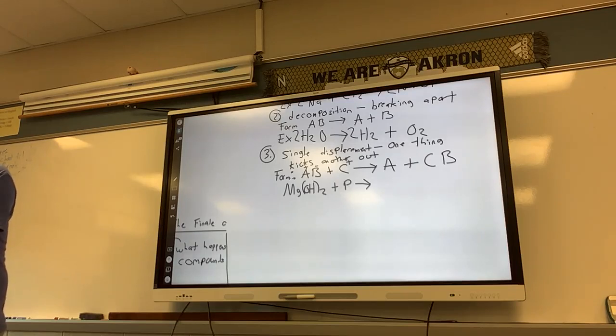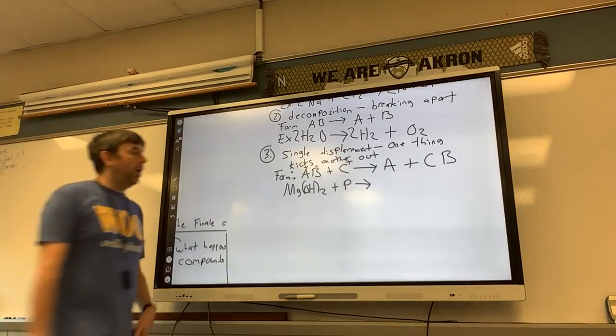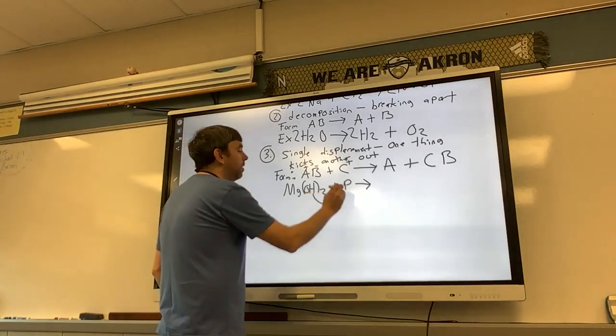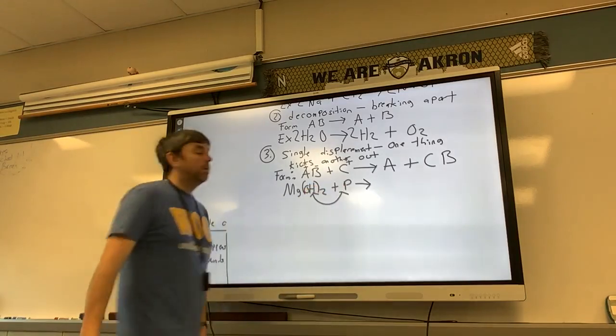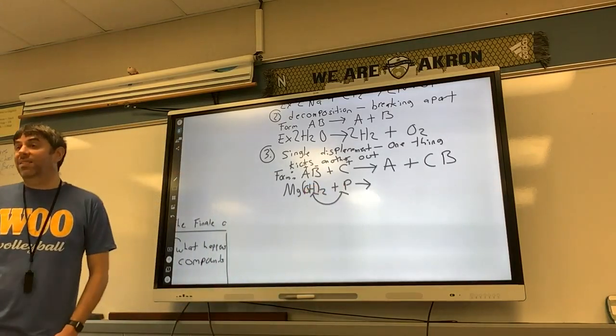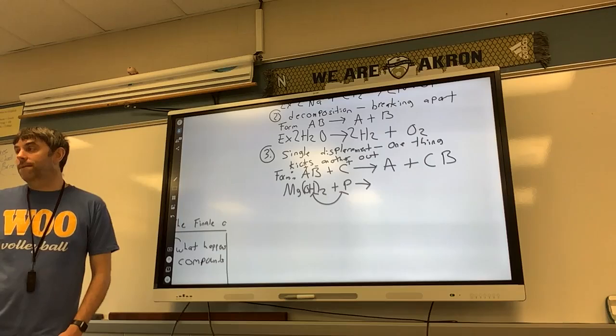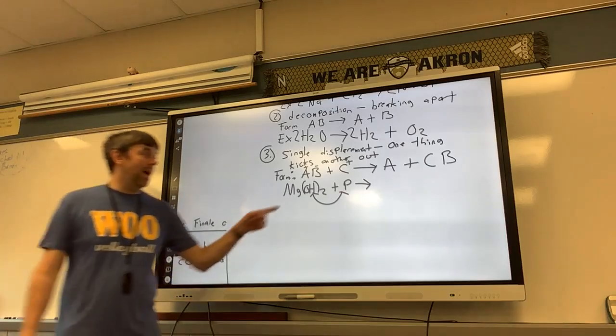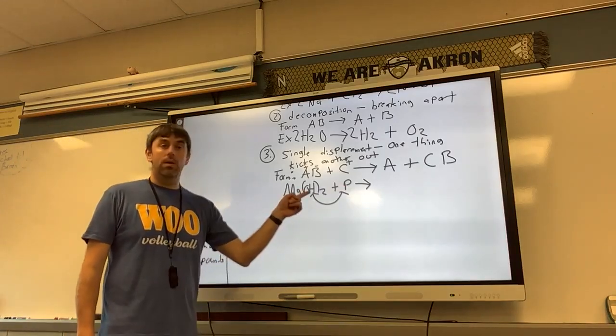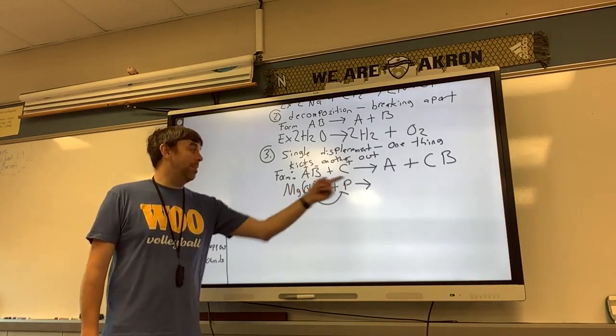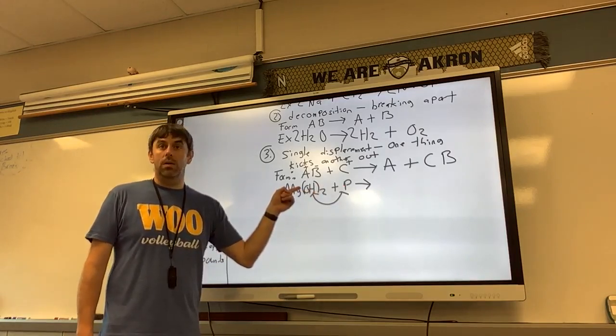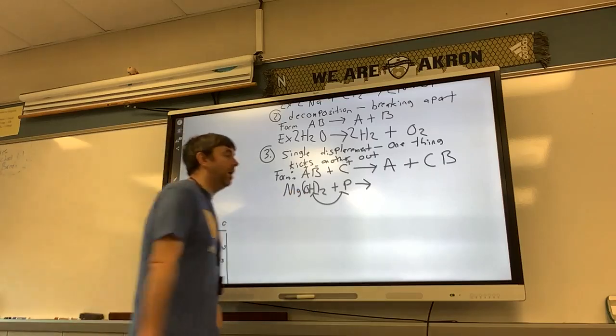They're both negative, agreed? So I know that OH and P are going to switch spots. So what is going to be by itself on the other side? OH. No, Mg is going to match up with P. OH is by itself.